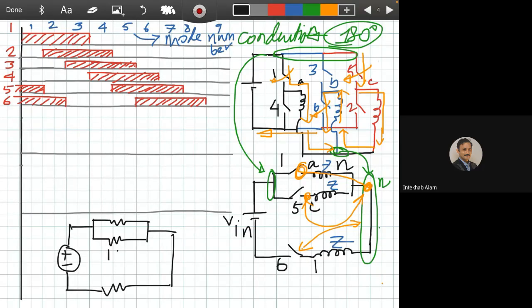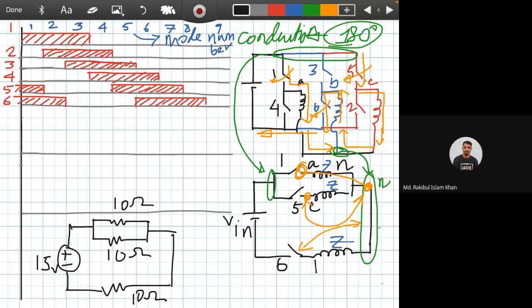This is 10 ohm, this is 10 ohm, this is 10 ohm. Okay, and this is 15 volt. Do you find similarity between these two circuits? Yes, sir.